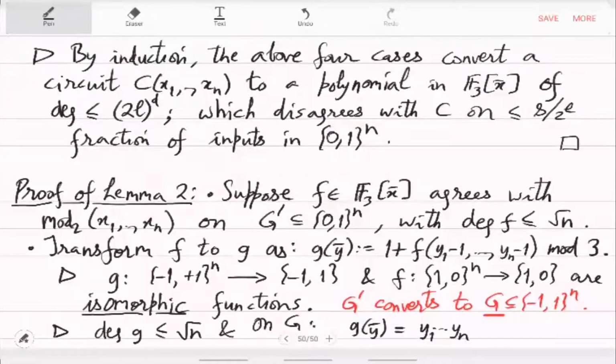Because previously if the number of ones was even, now that would mean number of -1s is even. So sign will come out to be 1, which is the previous 0. So let me write this clearly, that this equals the product over y bar in G. Okay, so that's the advantage of this transformation, that you get a product. Parity becomes just product.